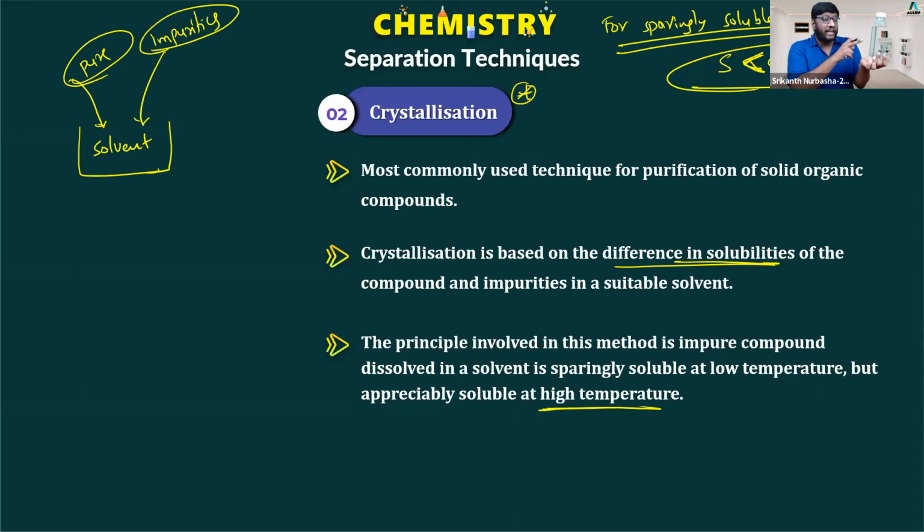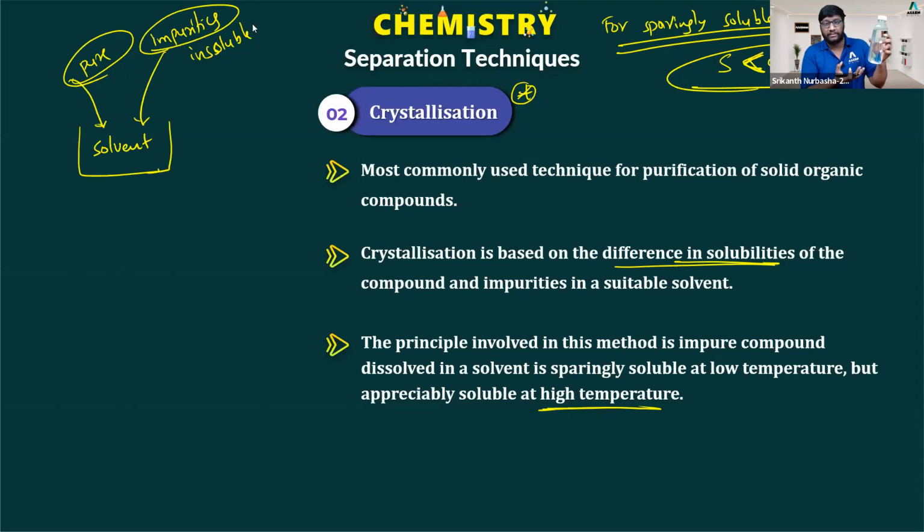Whatever the insoluble impurities are, even though I give heat, they are not soluble. The pure compound is soluble at high temperature only, not low temperature. So initially I have some rocks, let us say impurities are rocks, and the pure compound, which is also present in the solid form because it is not soluble at low temperature.